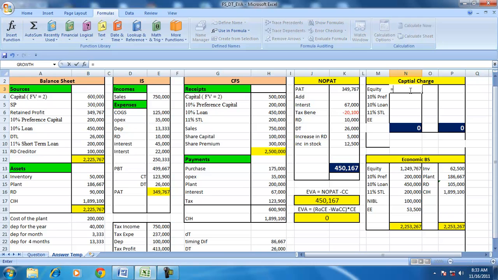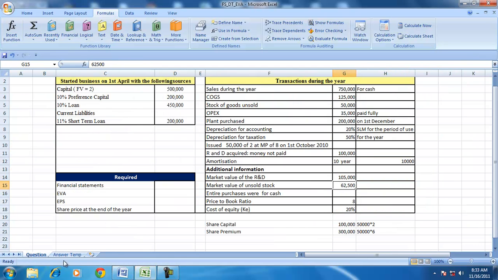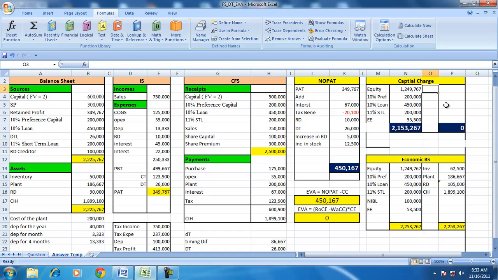Now we can calculate the capital charge. So capital charge will take individual sources, or we can take all capital employed and multiply it with WACC. But let us do it with individual items, and these are the cost bearing funds. We have assumed the cost of capital to be 20%. The cost of preference share is 10%.